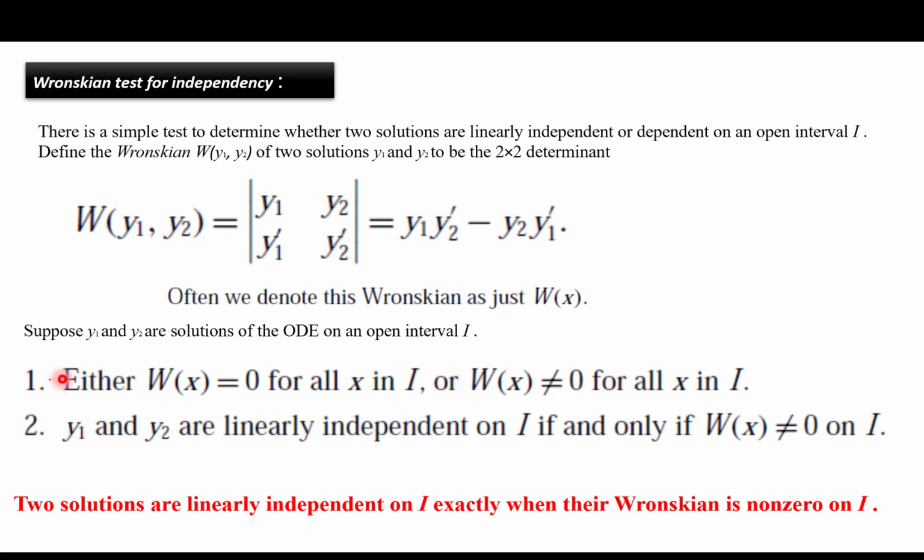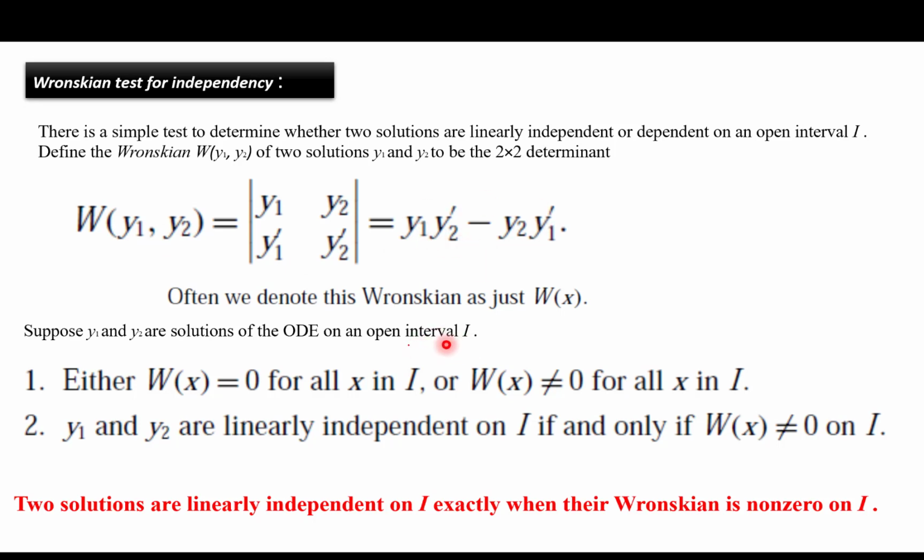So we can put here two conditions that are very important for us to fulfill and understand for judging that our two solutions are independent. Let's suppose that y1 and y2 are solutions of our homogeneous differential equation on an open interval I. Then the first condition is that this Wronskian is going to have only one unique value all over the interval.